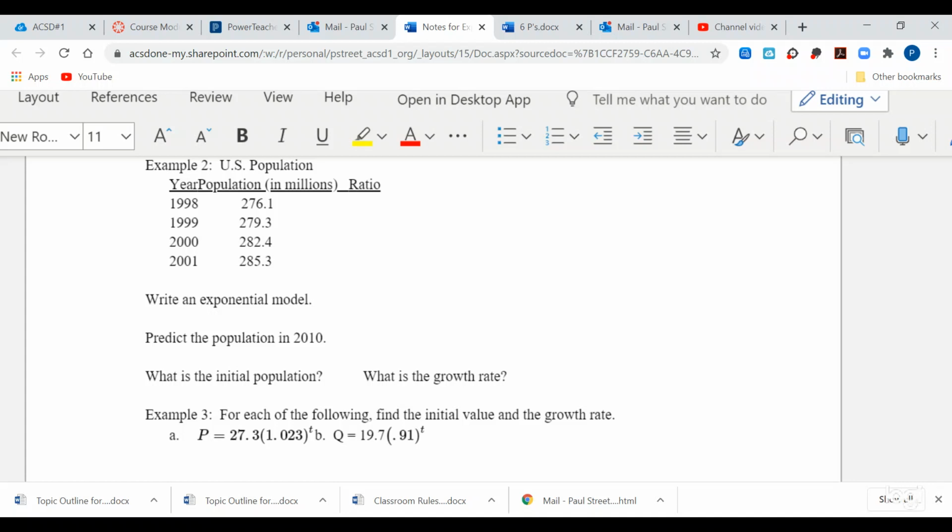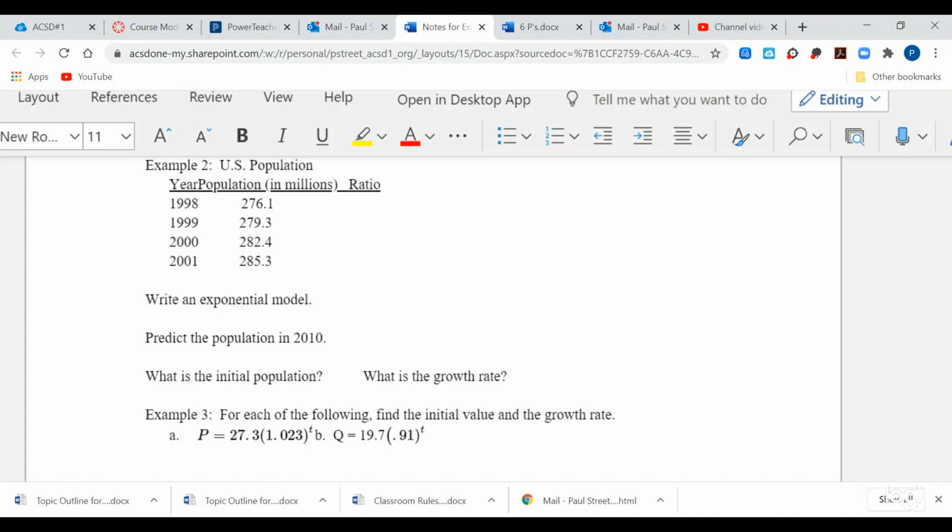Make sense? Okay, now it says predict the population in 2010. So what next? We put in 12 for t, 12 years. Since time 0 we said was 1998, and in the year 2010, that means our t is going to be 12. So you can, on your calculator, put in 276.1 times 1.01 to the 12th power.